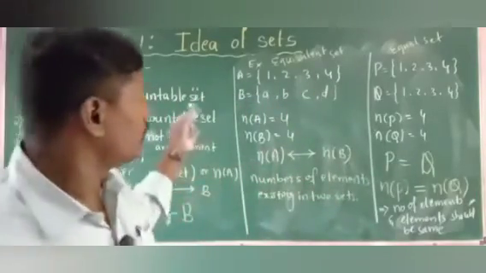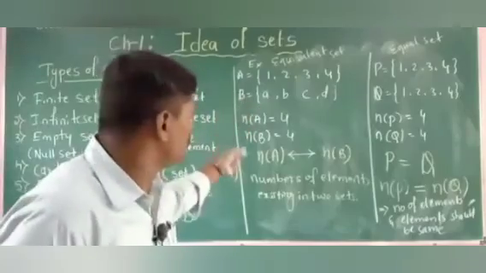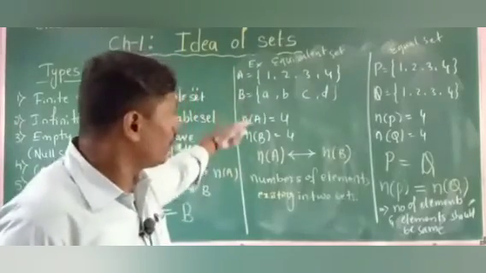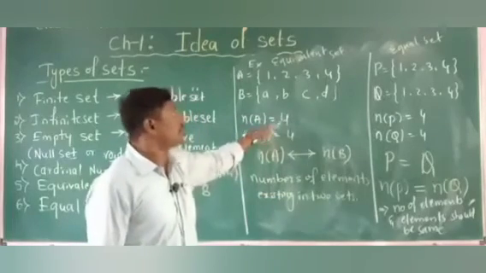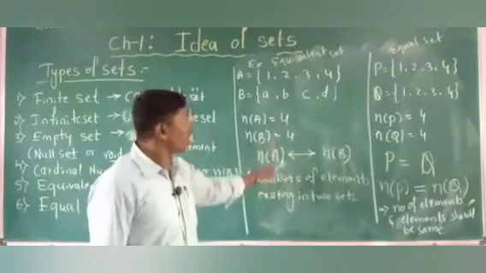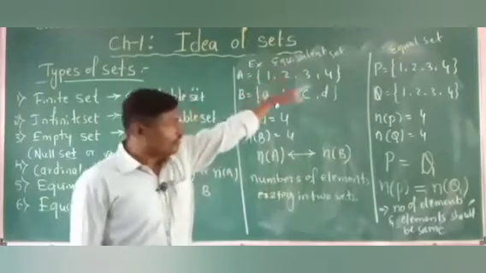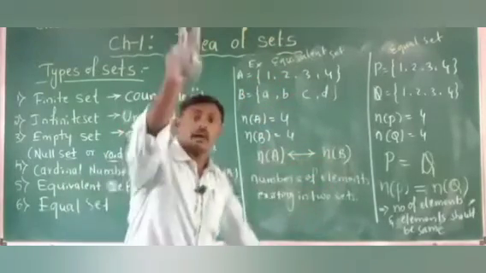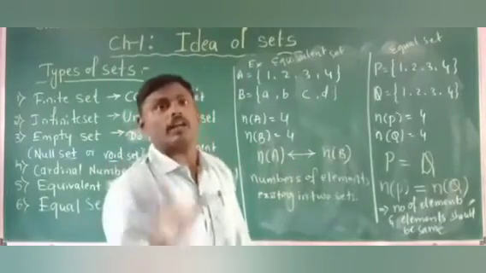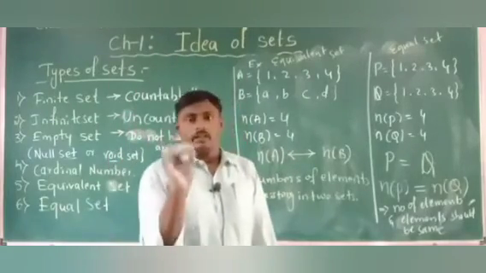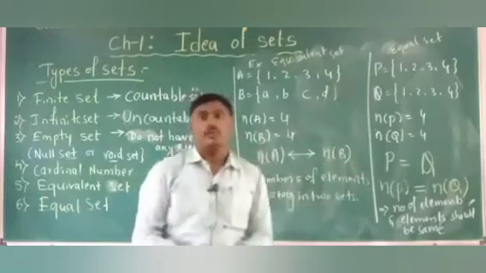In equivalent set, the number of elements should be same, it means the cardinal numbers should be same. Then we call it an equivalent set. If two sets are having equal number of elements, along with that the two sets are having equal elements, then that two sets are called as equal sets.